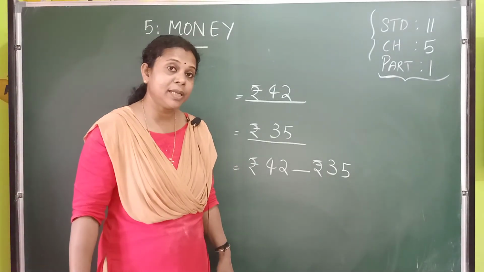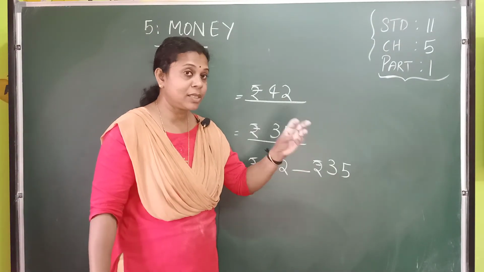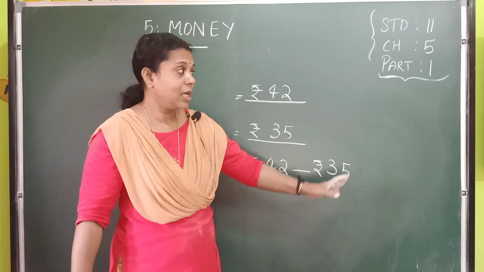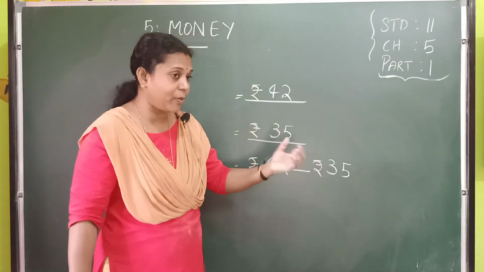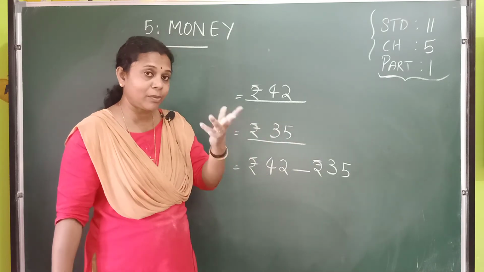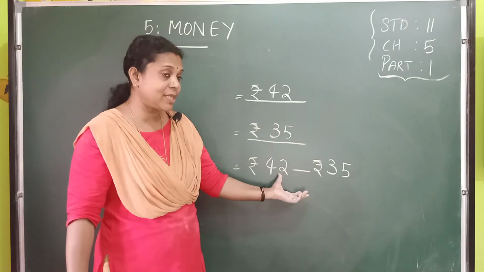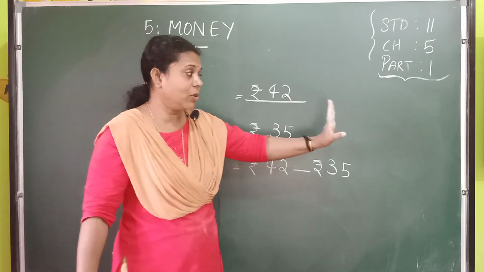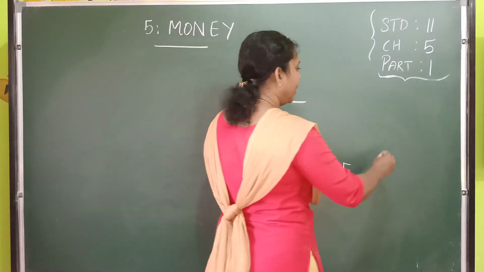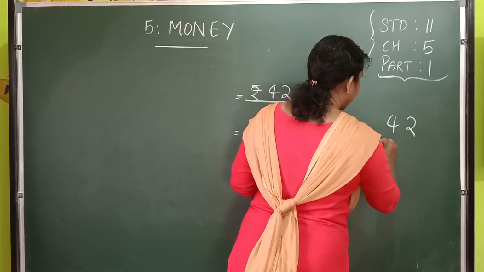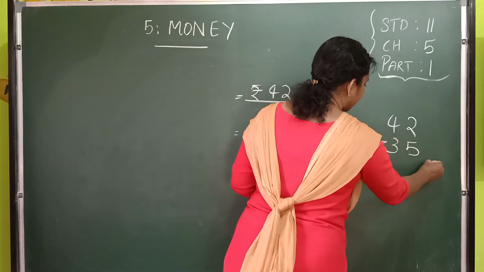Rupees 42 minus rupees 35. How to find it? We can do this by subtracting in the working column or with the help of your fingers. Okay, it's a mental calculation. You can calculate the difference in your mind itself. You need not use the working column. But if you want to use the working column, we will. It is 42 minus 35.